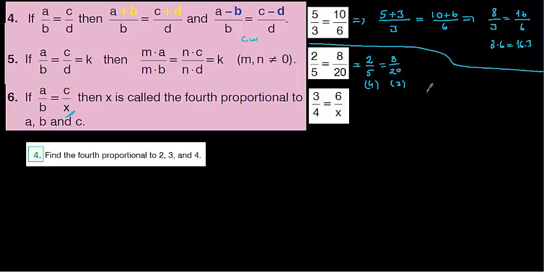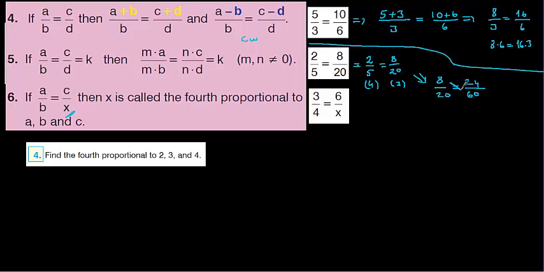Then I will get the same ratio, the same proportion. 4 times 2 is equal to 8. 4 times 5 is 20. 3 times 12 is 36. 3 times 20 is equal to 60.